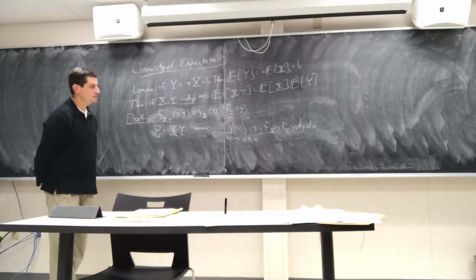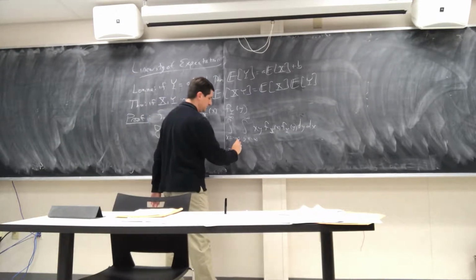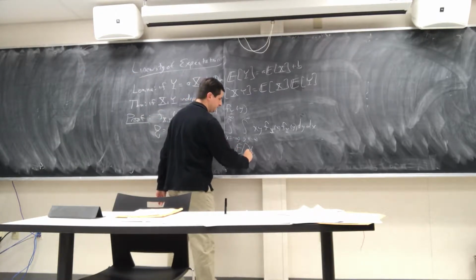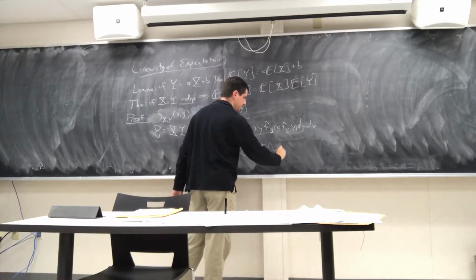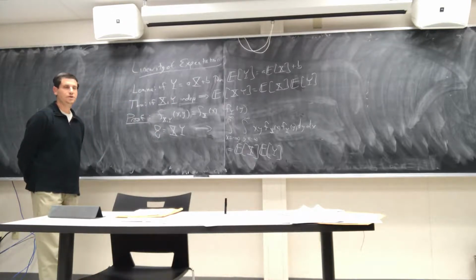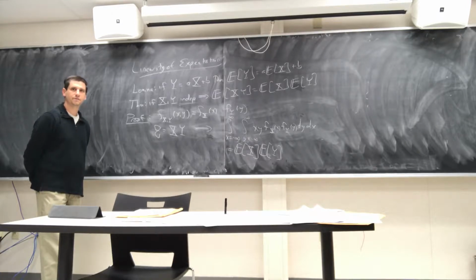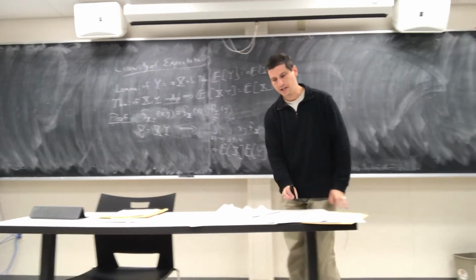And now, because things split, we can write this as the expected value of x times the expected value of y. And that will essentially be the proof here. You can make it a little bit more rigorous and go into a little bit more detail, but I think this is enough.